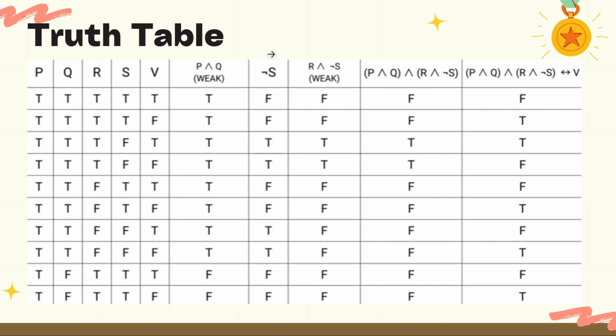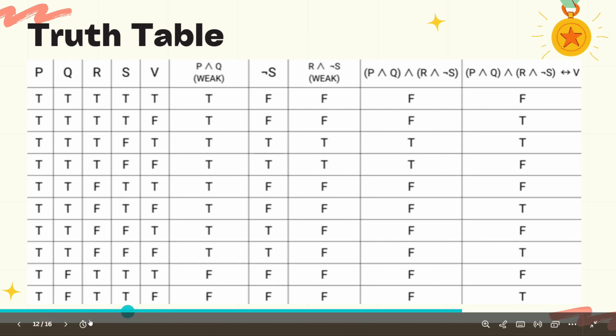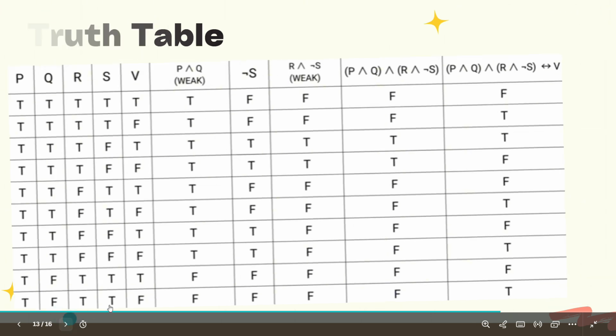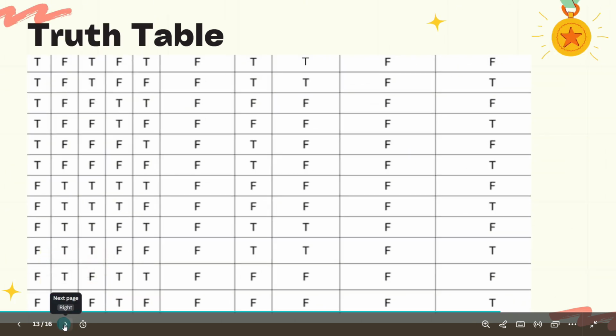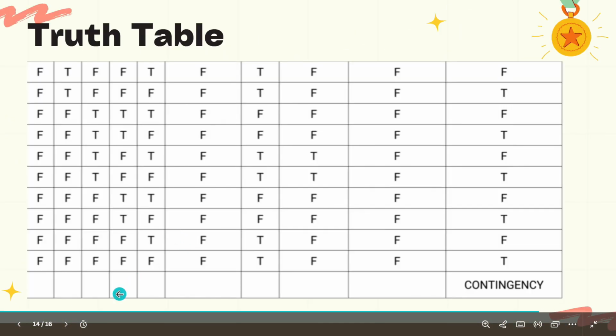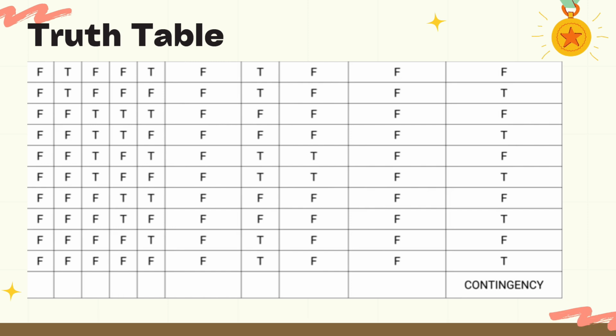So the truth table shows all possible combinations of true and false values for the conditions. By referring to the truth table, we can clearly see which combinations result in a strong password and which do not.